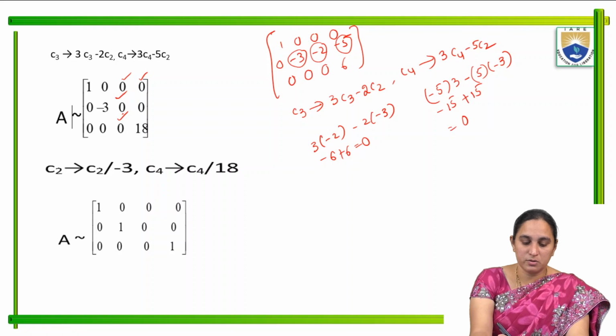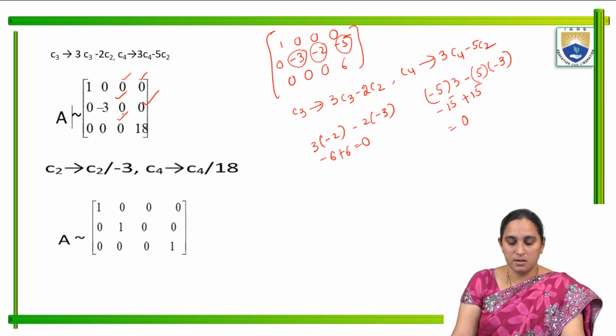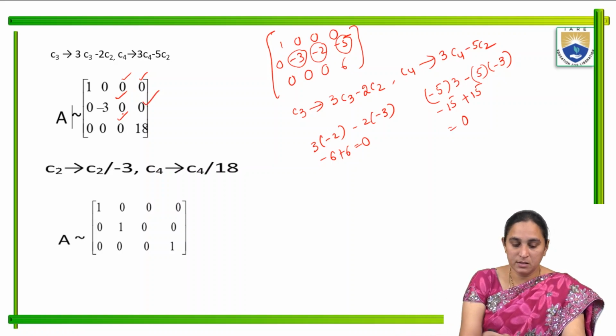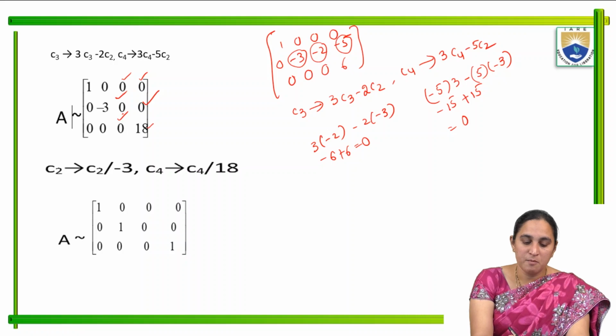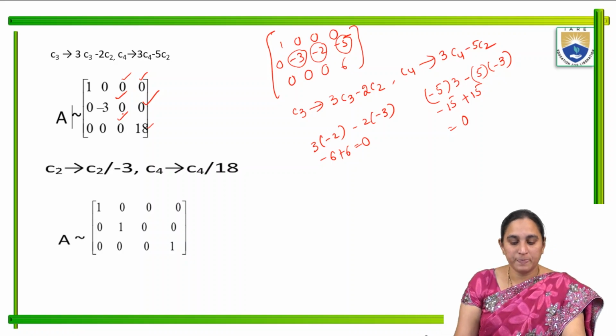This is 0. And next, similarly, last one, C4 tends to 3C4. That means 3 sixes are 18 minus 0, that is 18. Then after using the column operations, the matrix will be 1 0 0 0, 0 minus 3 0 0, 0 0 0 18.